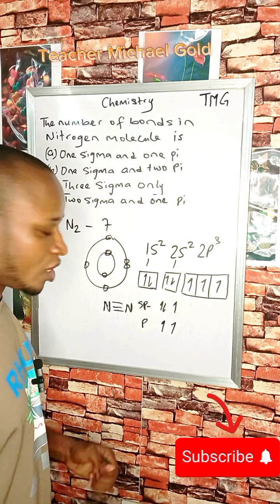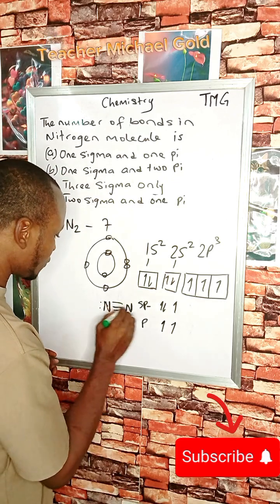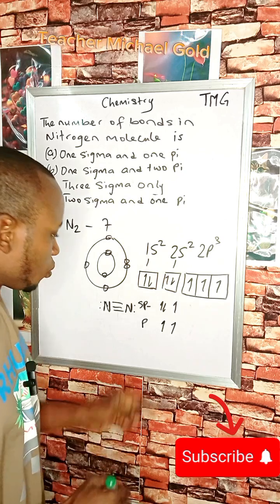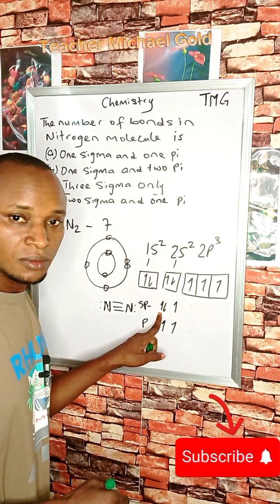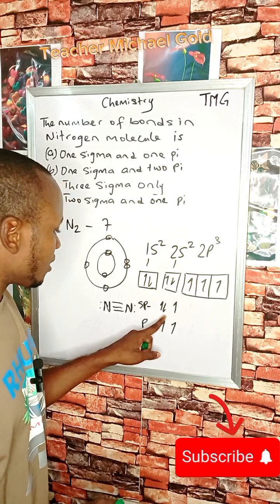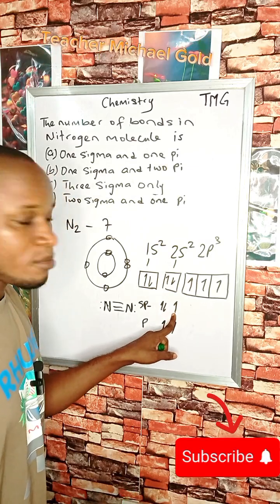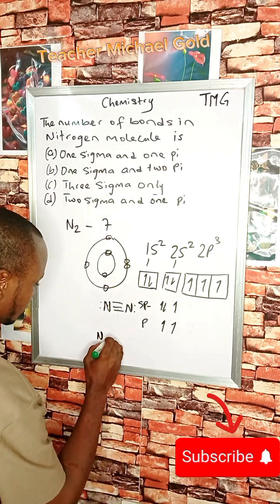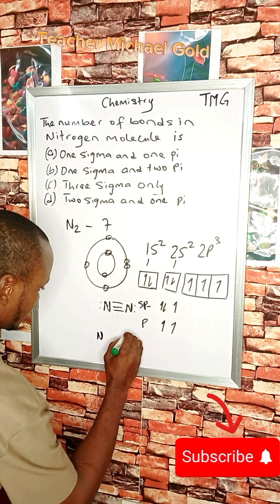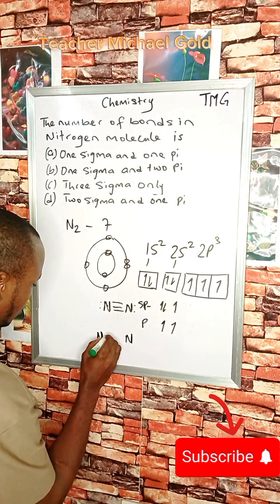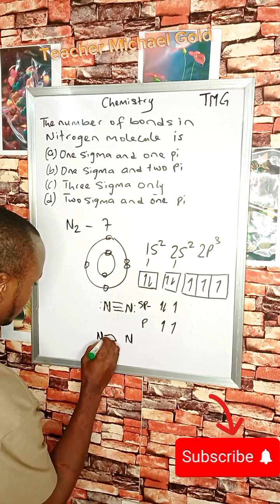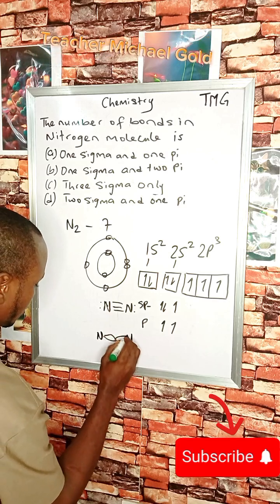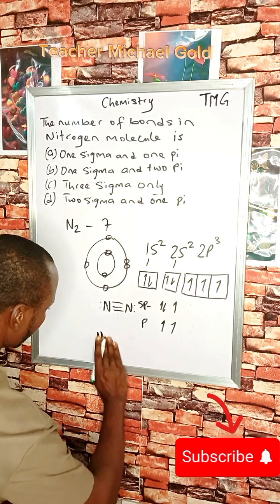If you look at nitrogen very well, it has the lone pair of electrons here, which is this. Then this particular one forms the sigma bond. This is how the sigma bond is formed. Don't forget how to draw this.